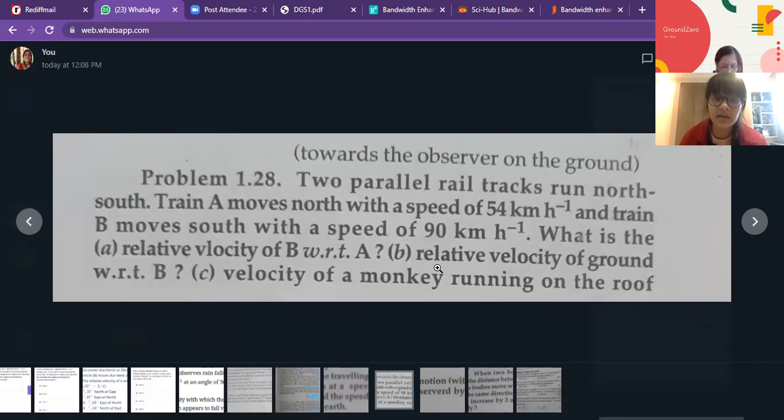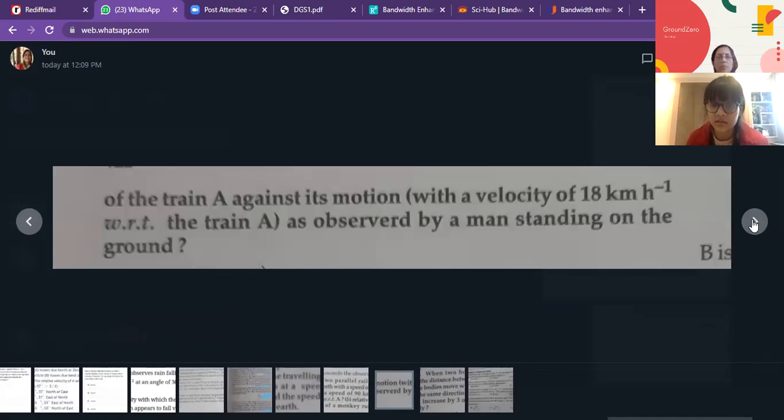Monkey is running in the direction of train A, opposite to train B. Velocity of monkey running on the roof is 18 kilometer per hour, against, opposite to train A it's running. Oh, okay.